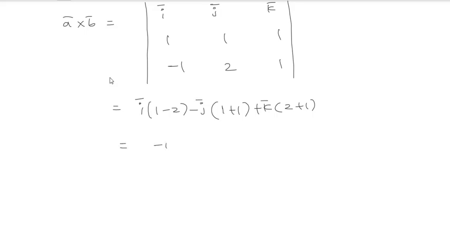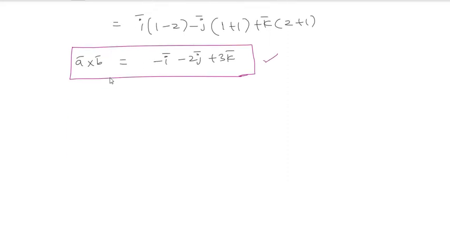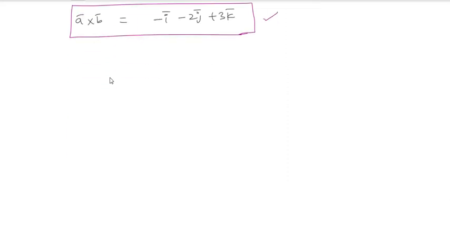So you will have minus I bar minus 2J bar plus 3K bar. So this is your A bar cross B bar. Am I right or not? Yeah, these are the simple notations. That's it. Nothing more than that. Clear with my point?